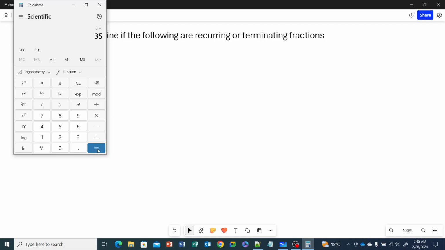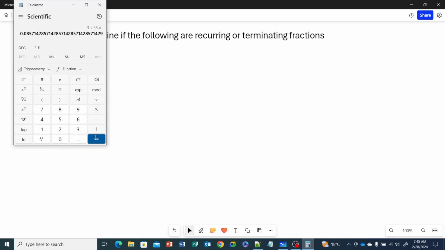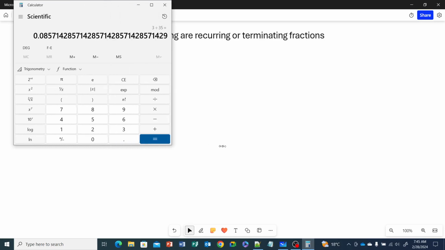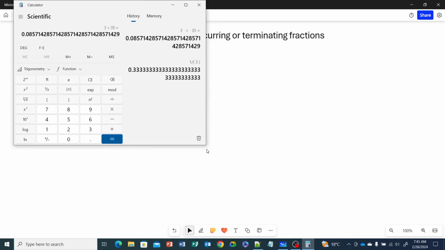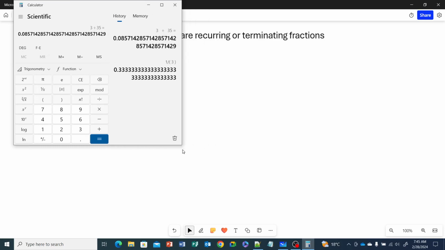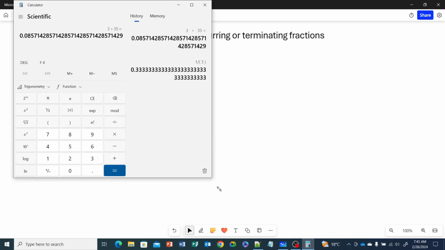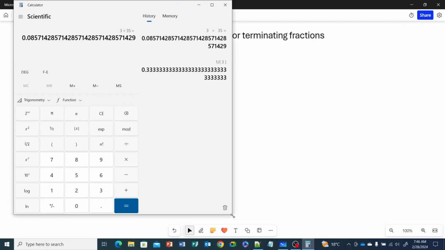Then we check our equals to. Okay, good. Now I believe on your screen this will be small. So I am trying now to make this thing big, okay, so that you guys can see.